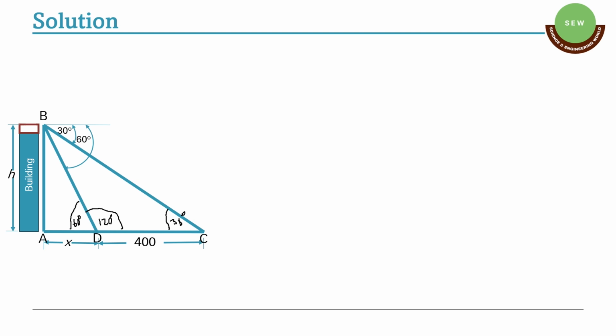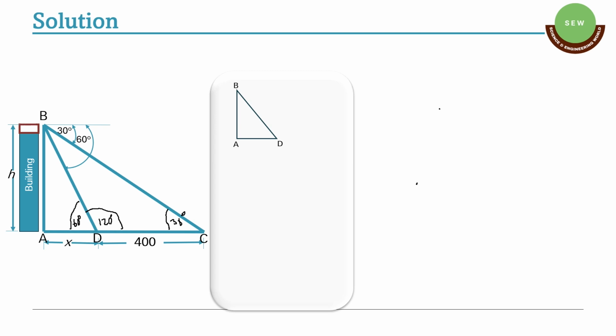Good. So with this, we can start looking at how to solve the problem. First, let us look at the right angle triangle ABD. In the right angle triangle ABD, we now know that the height AB is h, this is x, and this is 60.